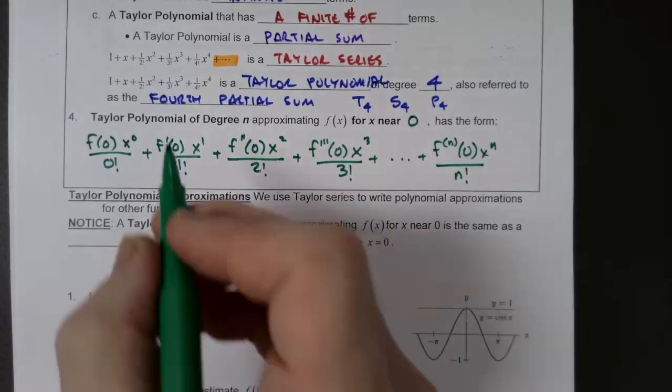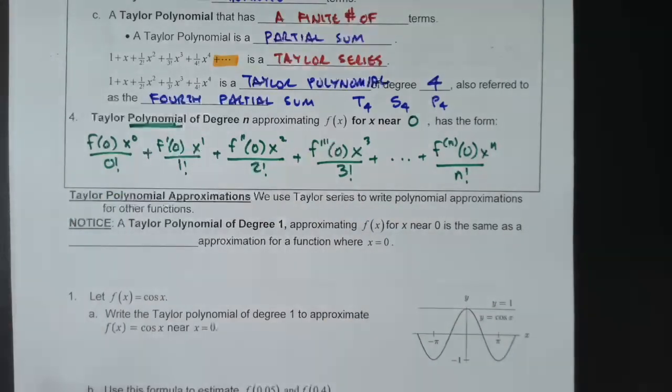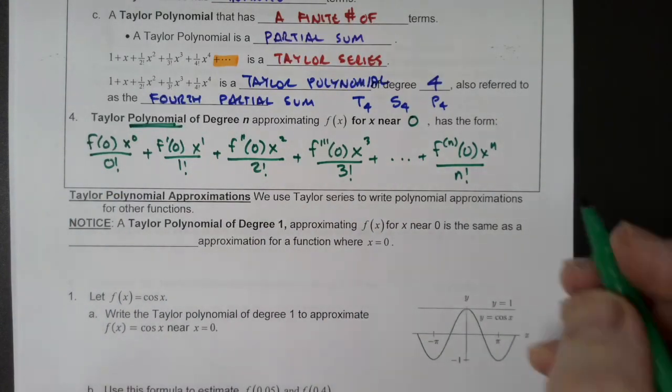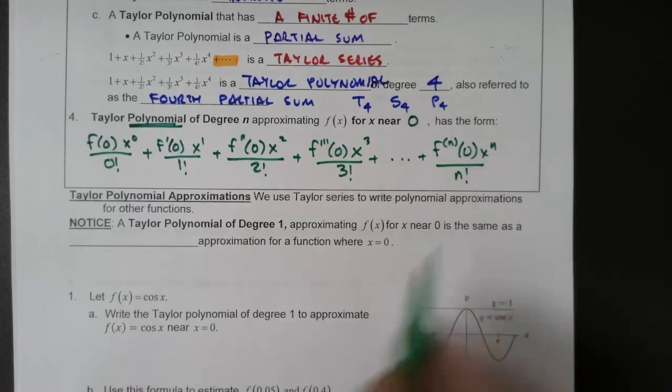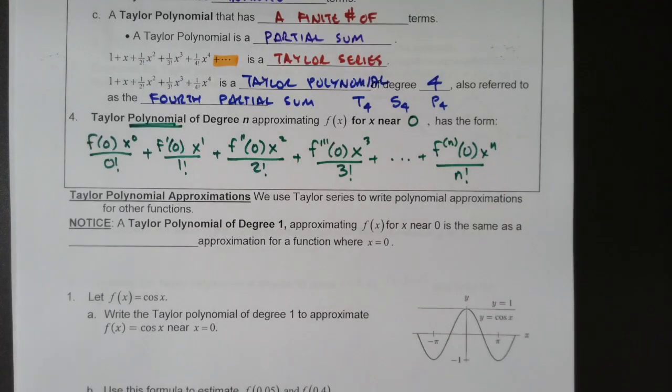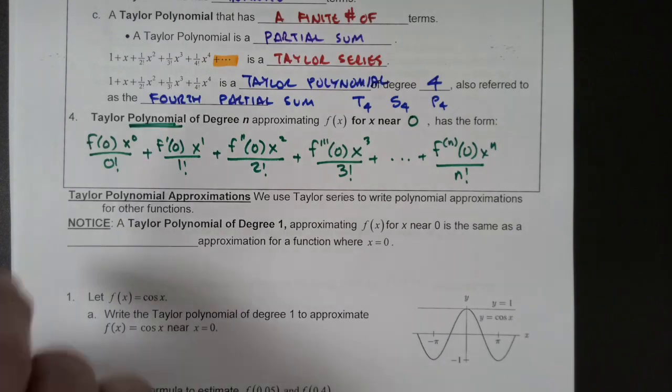If it is a Taylor polynomial, that's when I stop. If it's a Taylor series, then I'll put a plus dot dot dot. Does that make sense? Yeah. All right.